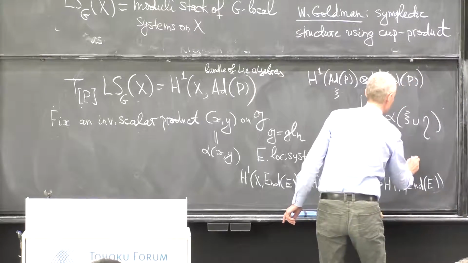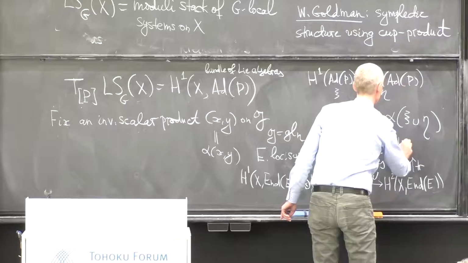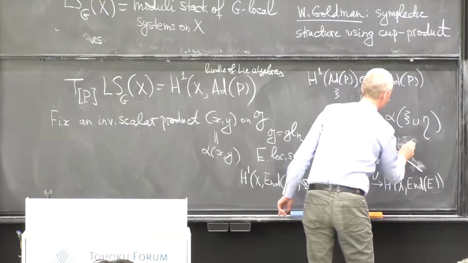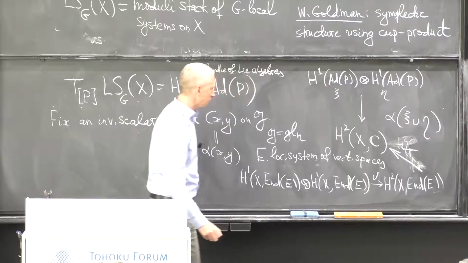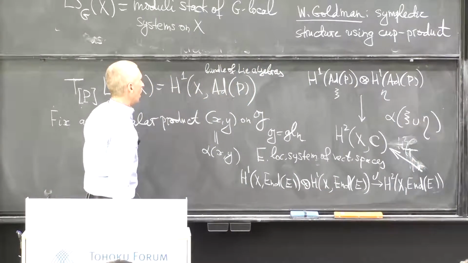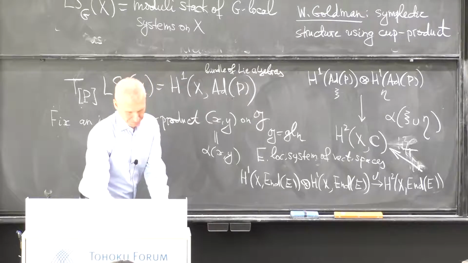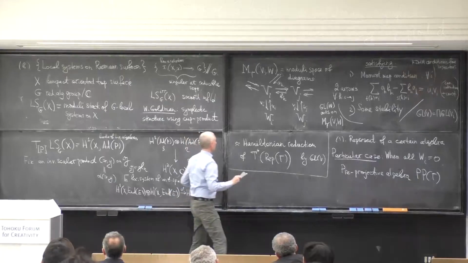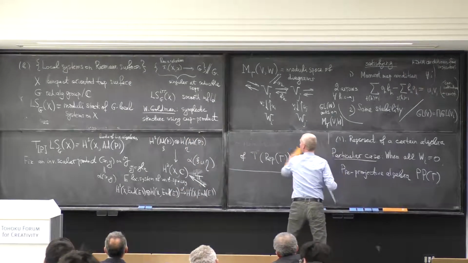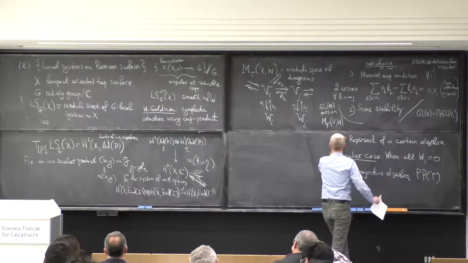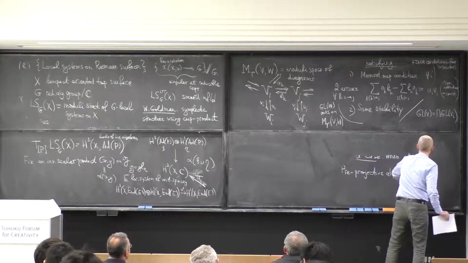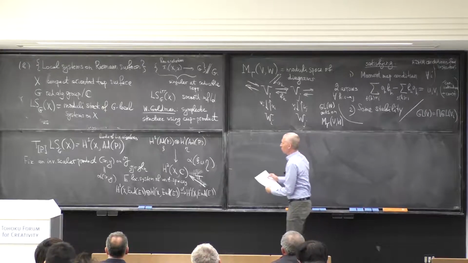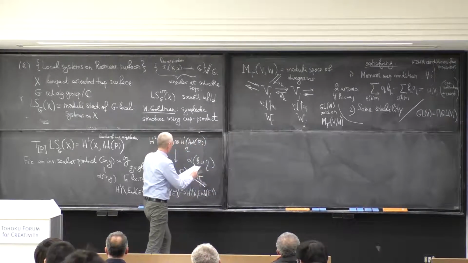And from here I just take a trace to H2 of X. So in this way, we get an anti-symmetric 2-form on the moduli space. It is non-degenerate because of Poincaré duality.